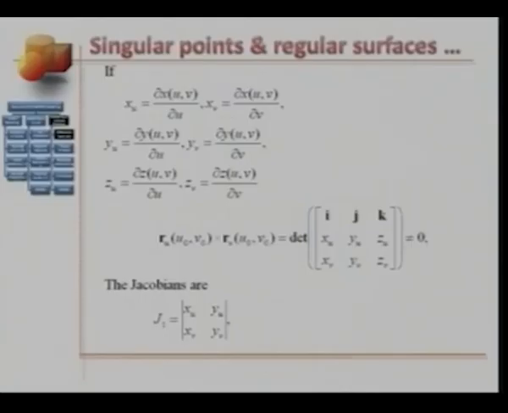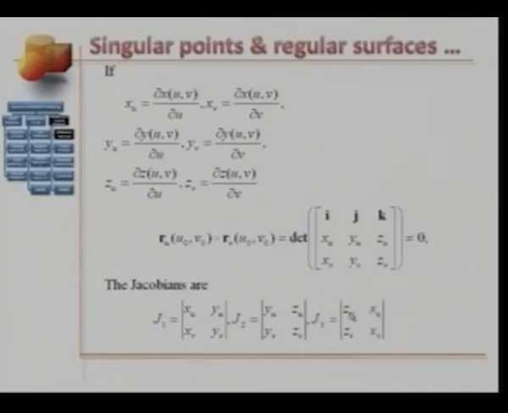One can compute the three Jacobians for this determinant. The first one is the determinant of this 2 by 2 submatrix, xu, yu, xv, yv, represented by J sub 1. The second Jacobian, J2, is the determinant of this 2 by 2 matrix, yu, zu, yv, zv.